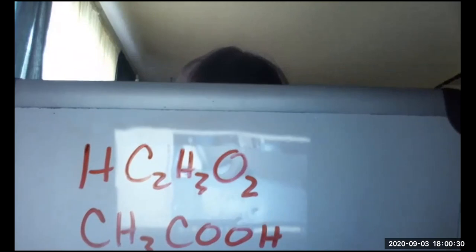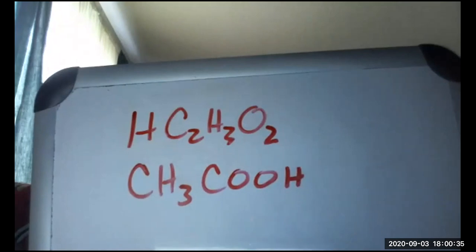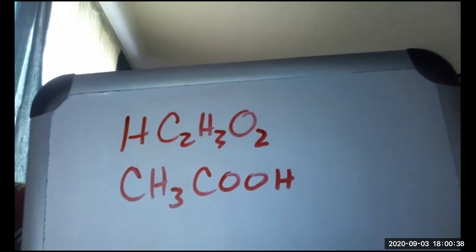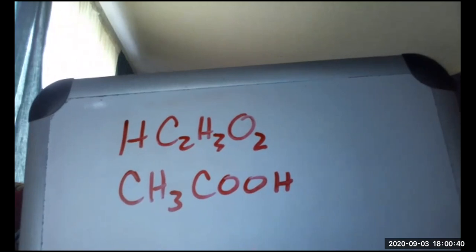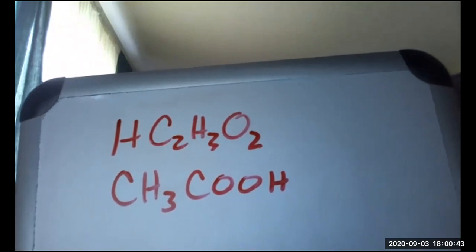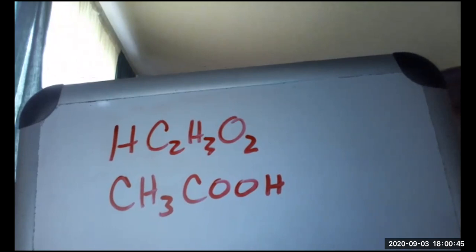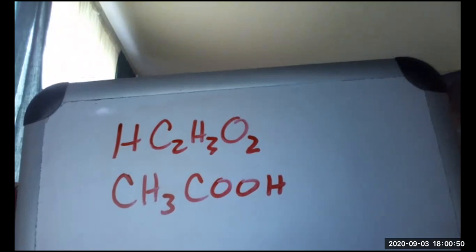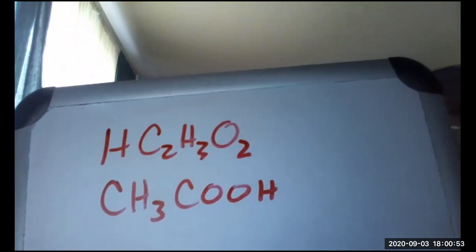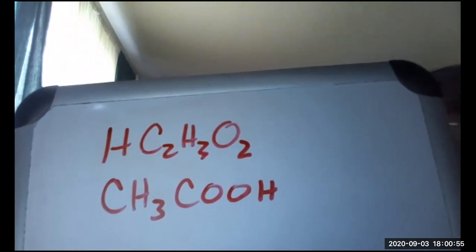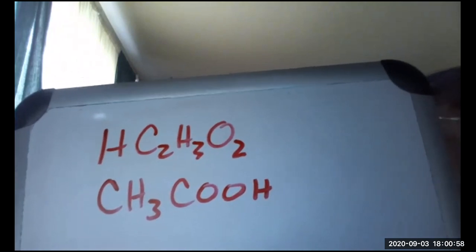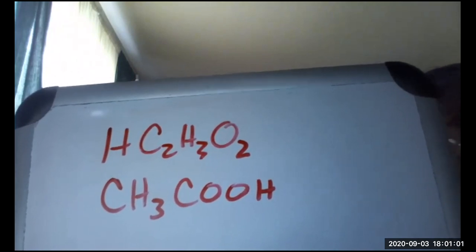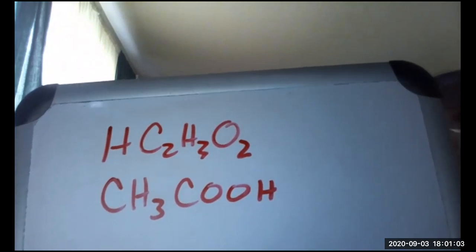For this one, you can see the CH3, then there's the second carbon, because there are two carbons in this molecule, and the two O's are drawn side by side, and the final hydrogen dangling off to one end. So one is the ultimate shorthand version. One is a more organic version to write it, as if you were taking organic chemistry. And then let me do the last version.